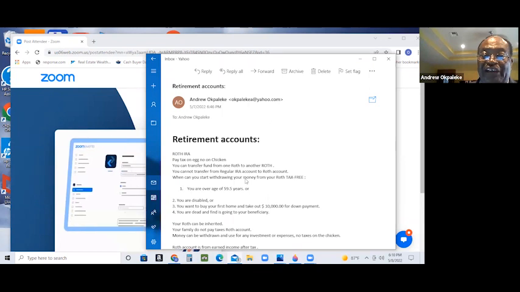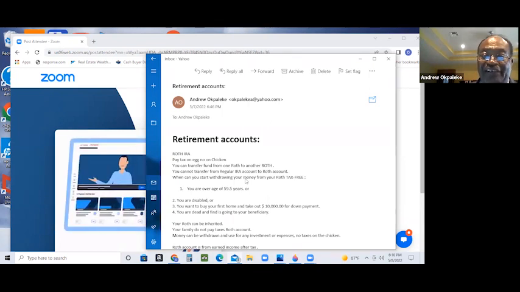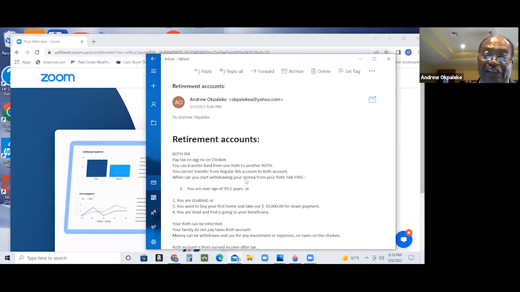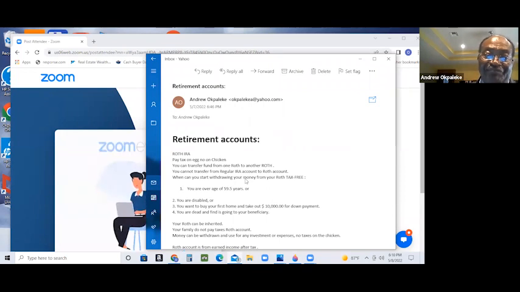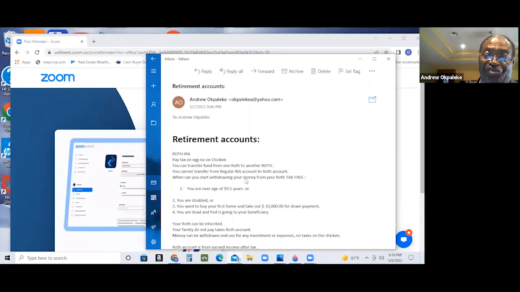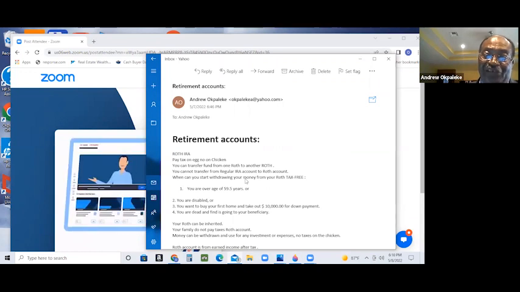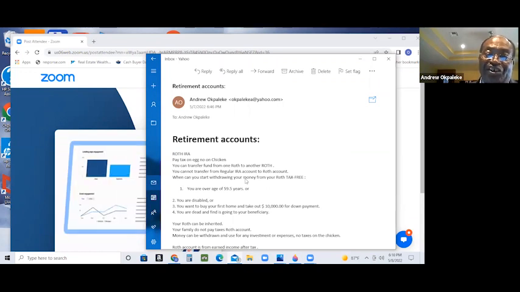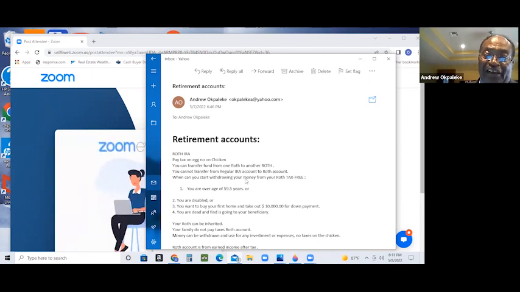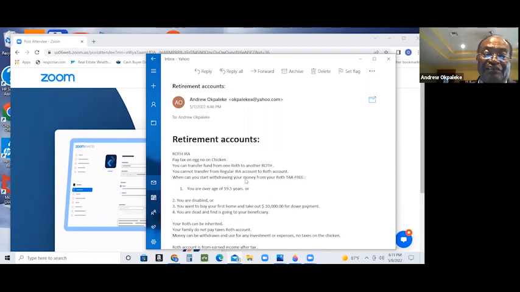So anytime you are withdrawing money from that Roth IRA, you never pay tax ever. So it's better to do that, so that when your money increases with the investments you have done, you can be in millions and you don't have to pay tax ever. So we're going to go through that.